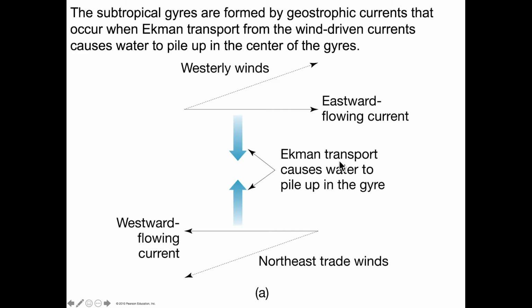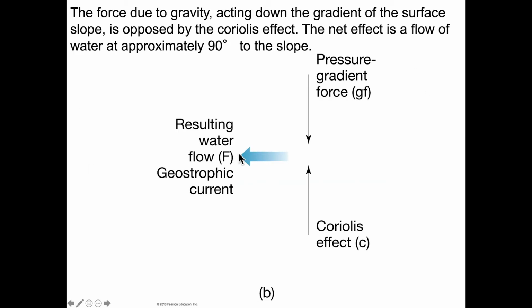Ultimately, that's going to continue as we work around the gyre, forcing water to pile up in the center. Now, as this water piles up in the center, we're going to see a component of the pressure gradient force, a component of the Coriolis effect. When they're equalized, we have the resultant water flow.